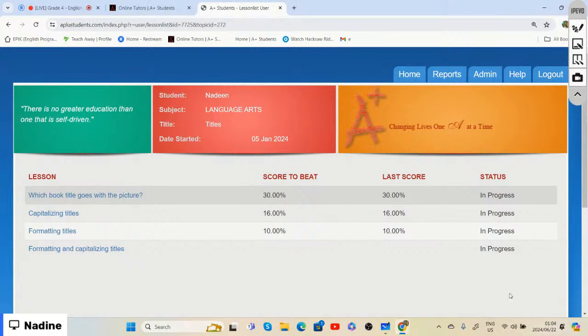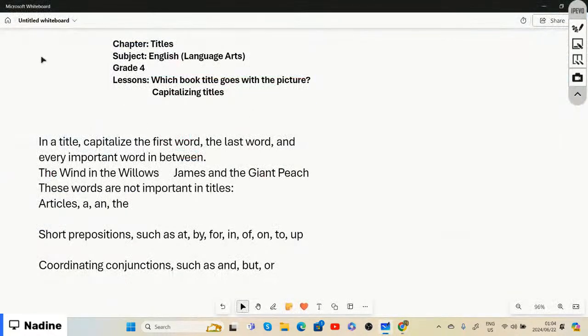All right. So we see that our chapter is titles. Our subject is English Language Arts, grade 4.